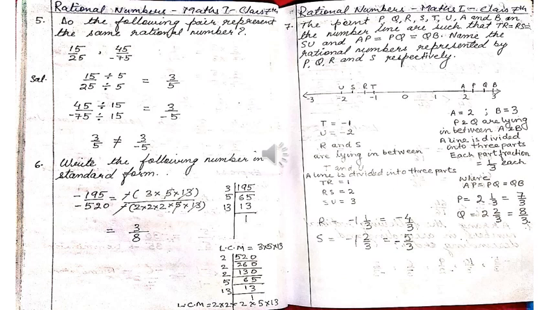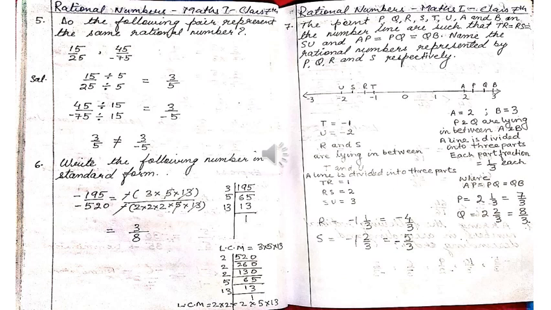Now question number 5. Do the following pair represent the same rational number? 5 upon 25 is one rational number, and 45 upon -75. Now make both rational numbers into a simpler form.